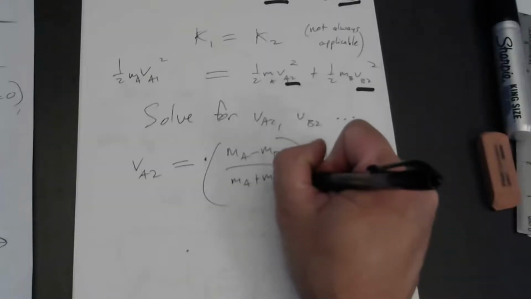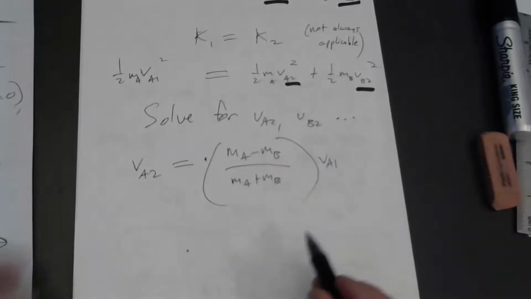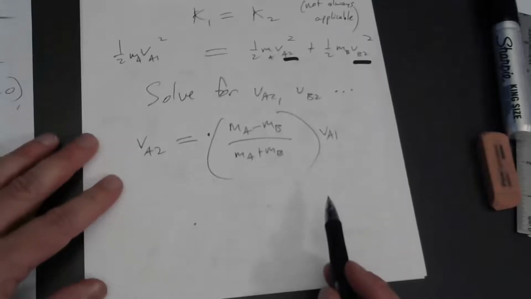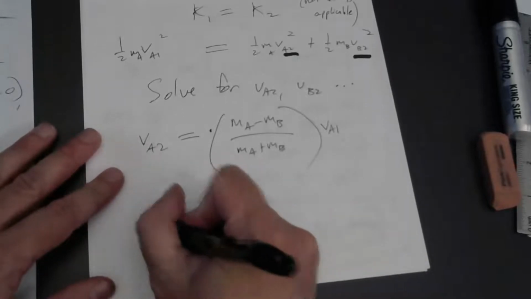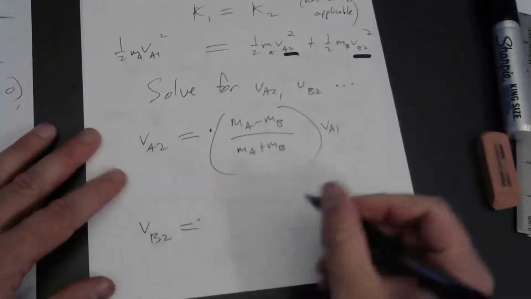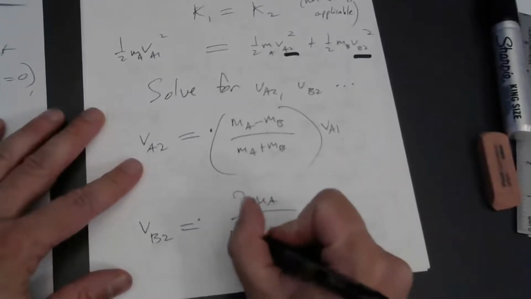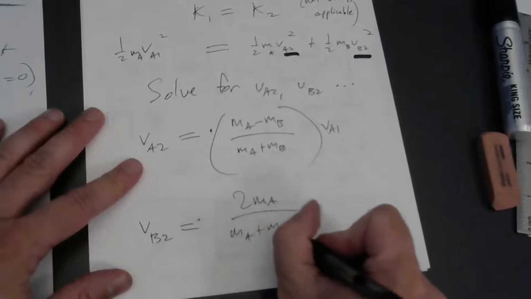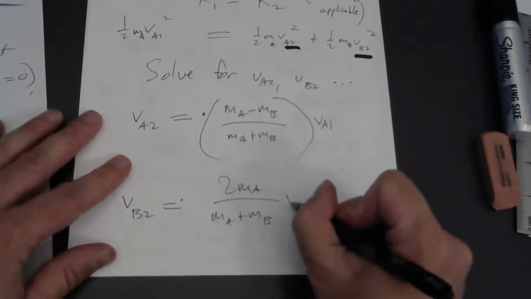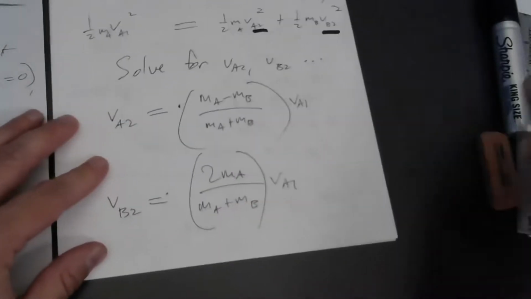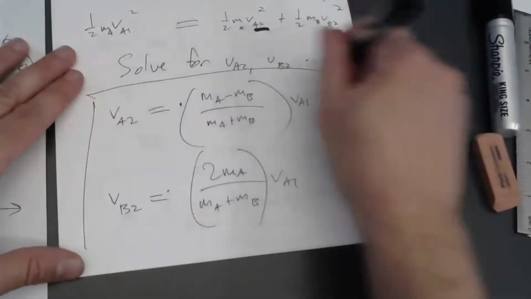So there it is. That's how I remember it. Difference over sum times the incoming velocity of mass A. What is B doing after the collision? If you did the algebra, you would find the same denominator, different numerator. Also times VA1. And there they are.